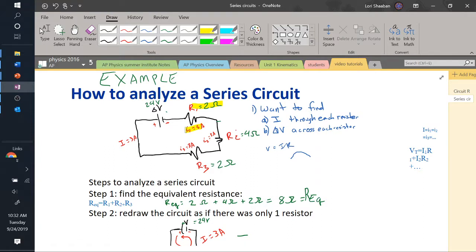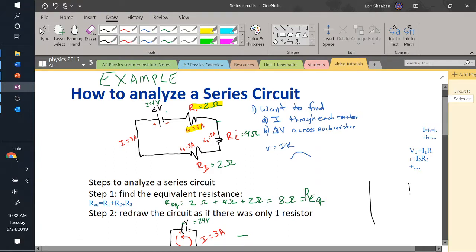So let's go ahead and make a little table. We have R1, R2, R3, and the battery. Let's look at the current in amps.